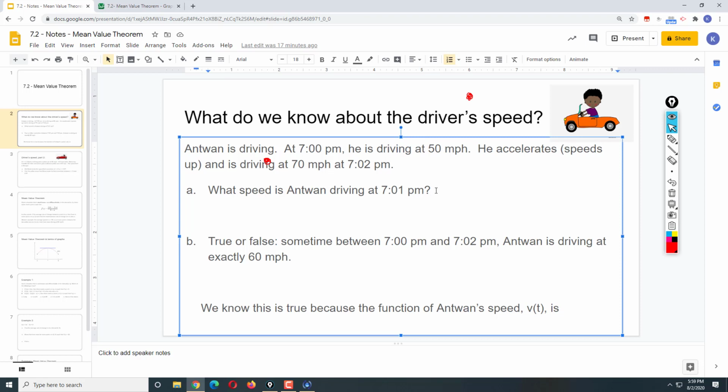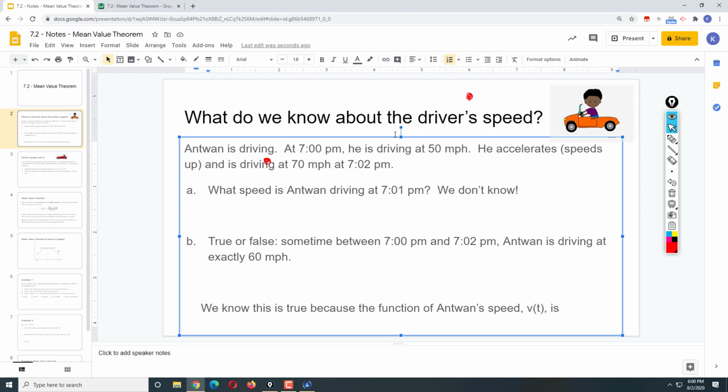So going back to our problem, what speed is Antoine driving at 7.01 p.m.? We don't know. That's the answer. Question B. True or false? Sometime between 7 and 7:02 p.m., Antoine is driving at exactly 60 miles per hour.